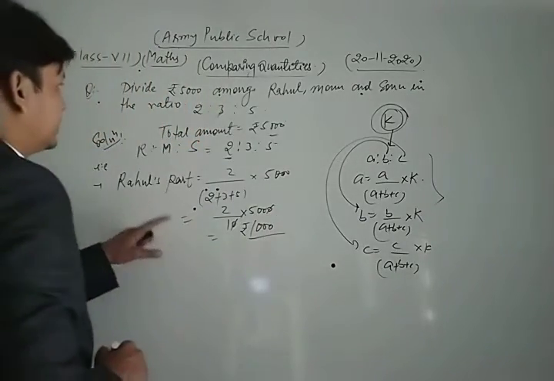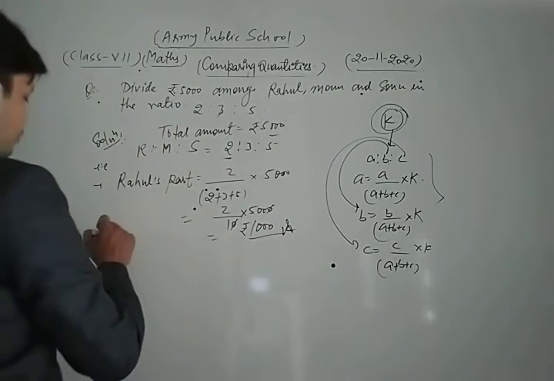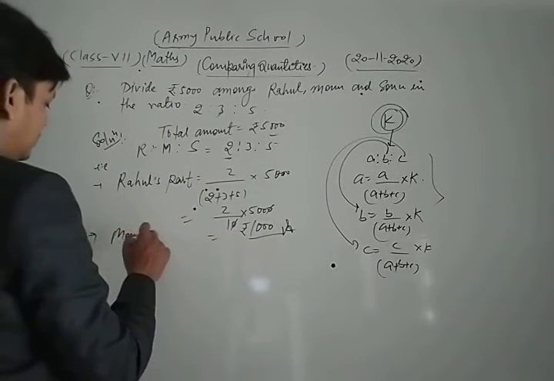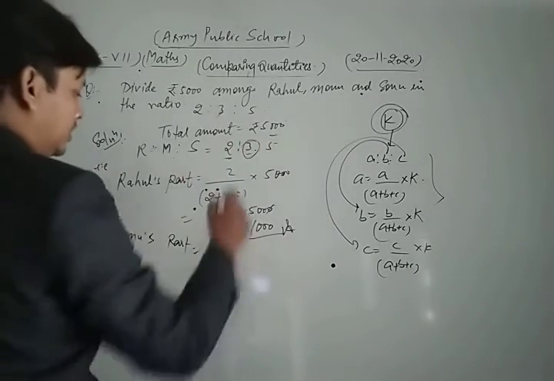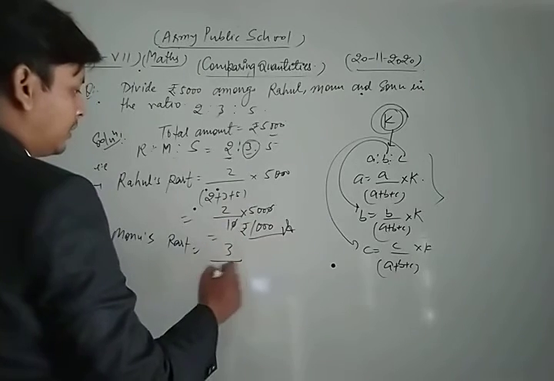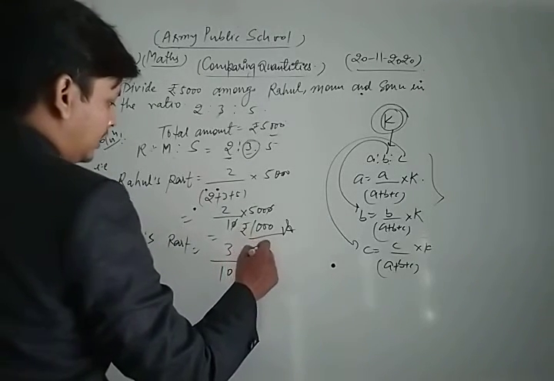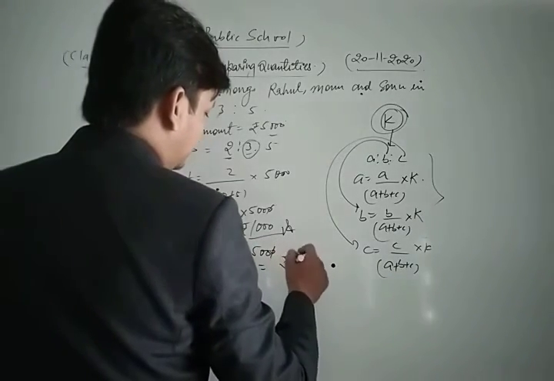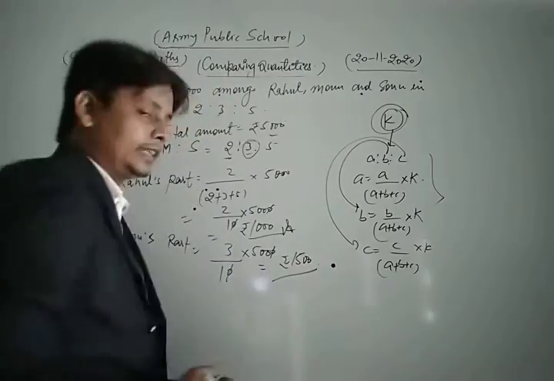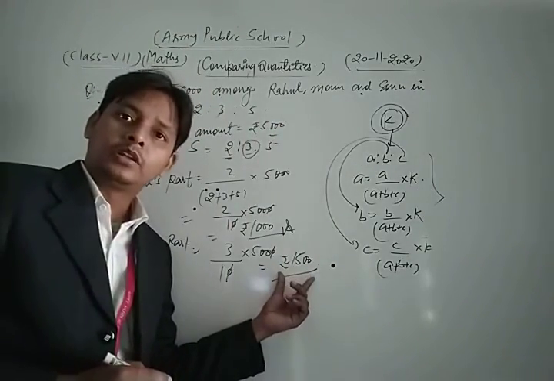So Rahul's part is rupees 1,000. Similarly, Monu's part: Monu's ratio is 3, so 3 is there, and the sum of ratios is 10, into the whole amount 5,000. 0 cancels 0, 5 3s are rupees 1,500. So Monu's part is rupees 1,500.